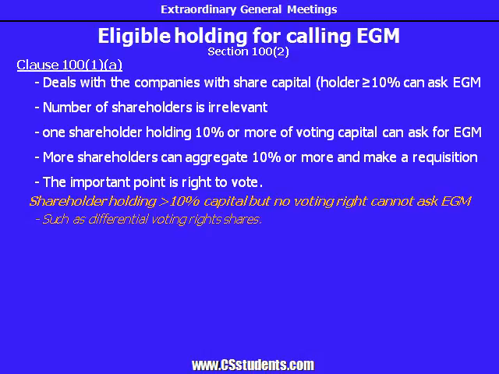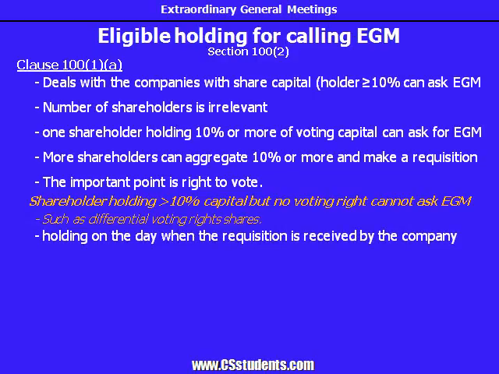One or more members who make the requisition are called requisitionists. Another important point is, such holder of 10% or more should be so on the day when the requisition is received by the company.